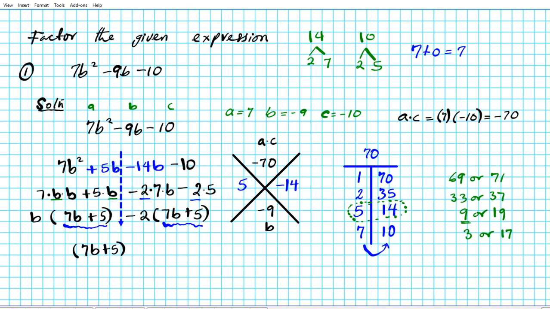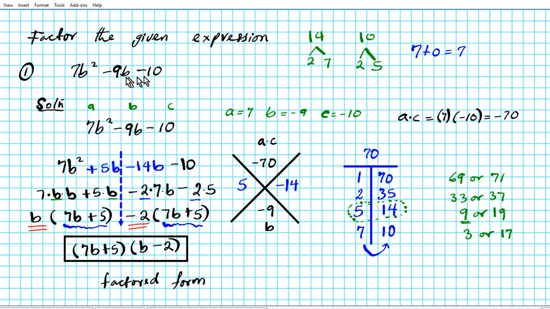And then the terms on the outside will be left to be grouped together in their own parentheses: b minus 2. So this, ladies and gentlemen, is the factored form of the original quadratic trinomial. So for every quadratic trinomial that's factorable, this X game method is an excellent way to factor the expression correctly.